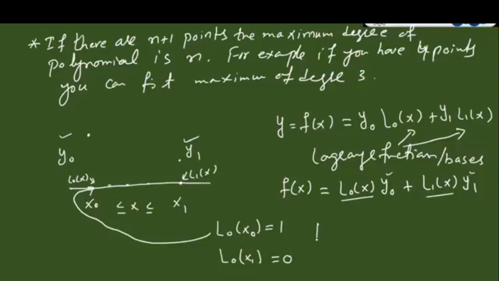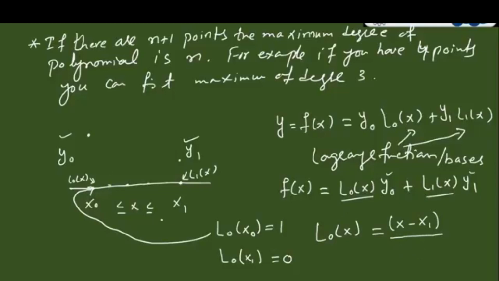The function should be the same. So L0(x) is defined like that. It is defined for x0, so there will be no x0 in the numerator; it will be x minus x1, divided by some quantity.